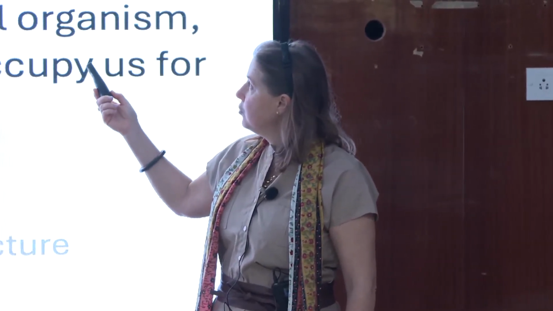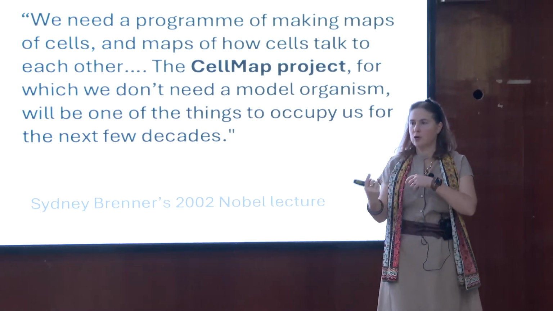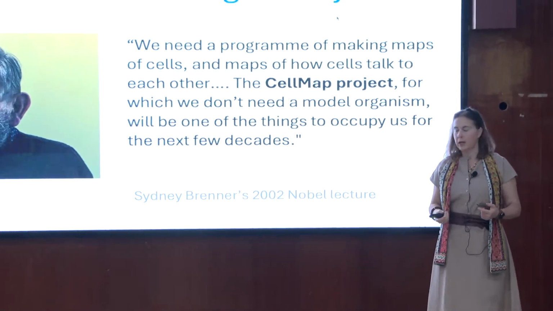Well, first, a little bit of history. The idea of mapping cells isn't new in the Human Cell Atlas community and has been around for a long time. So, for instance, in Sidney Brenner's 2002 Nobel lecture, so over 20 years ago, he said we need a program of making maps of cells and maps of how cells talk to each other, so how they communicate.